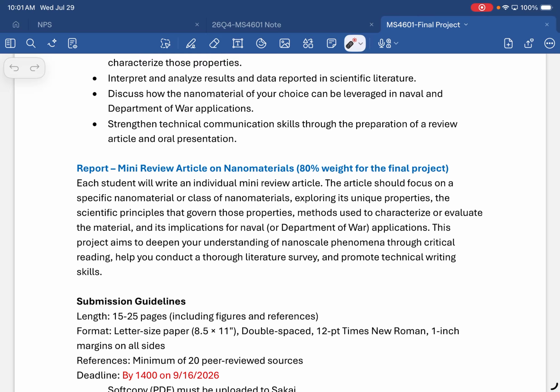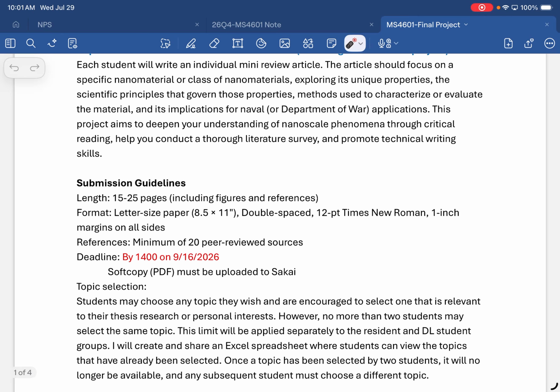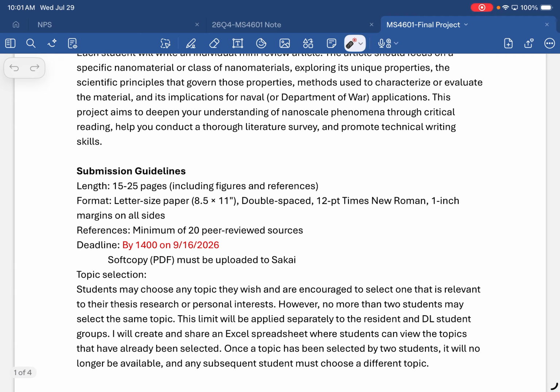The length should be a minimum of 15 pages and a maximum of 25 pages. This includes the figures and references. The format is letter size paper, double spaced, 12 point Times New Roman font, with 1-inch margins on all sides.